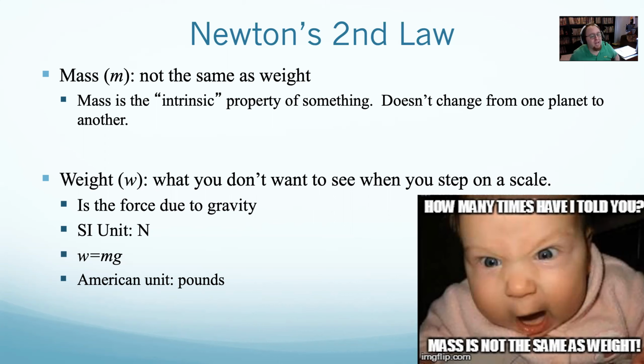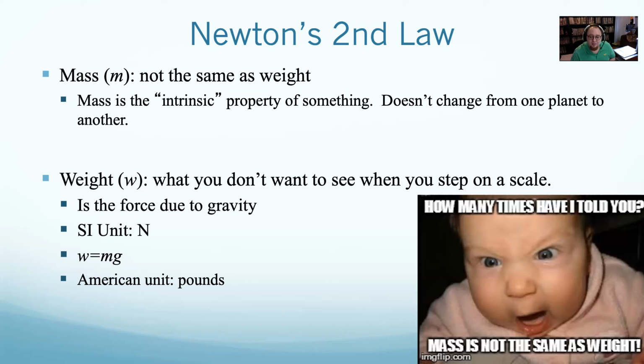We interchangeably use mass and weight on Earth because the relationship is the same on this planet. The weight of anything on Earth is its mass times gravity, with g being 9.81 meters per second squared. As long as you're on this planet, there's a direct relationship between weight and mass.